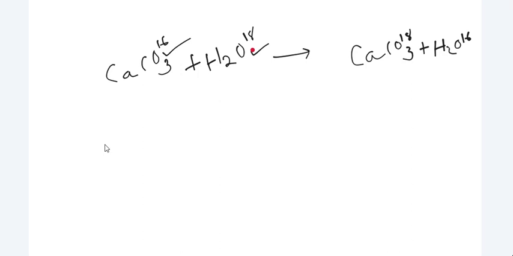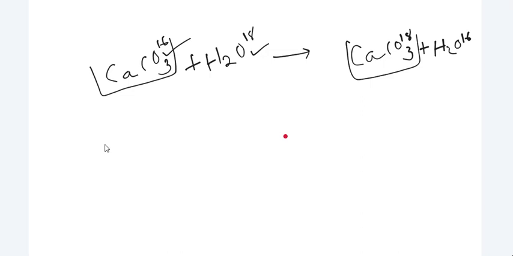Now this carbonate is used for shell formation by organisms like corals, foraminifera, or radiolaria. Radiolaria is siliceous, foraminifera is carbonaceous.